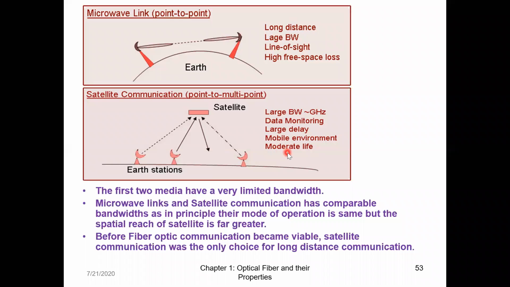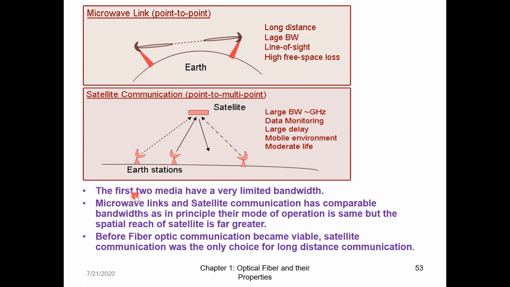Satellites are so costly, but have a moderate life. Even though we say fiber optics is costly, the life is there. We don't say the fiber system is there only for 15 years. We might replace a component. Here there is no chance of replacement. So that is the biggest disadvantage of satellite communication.